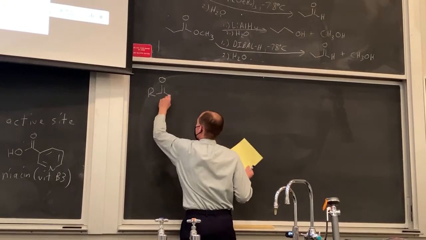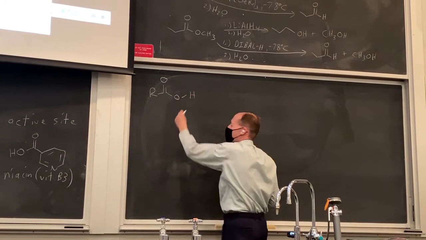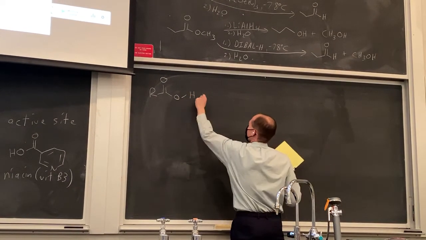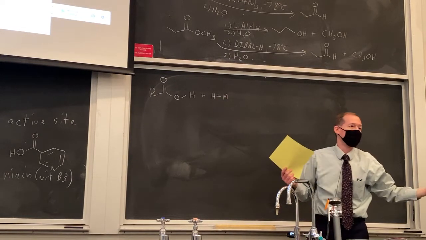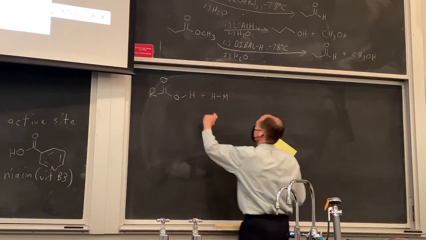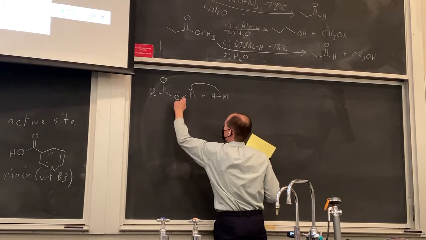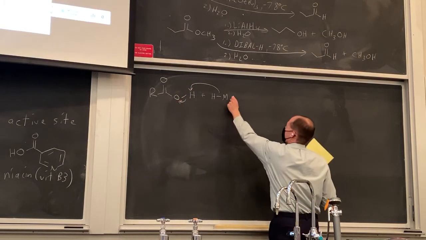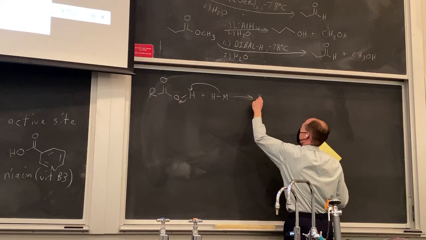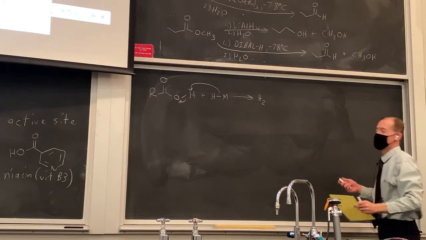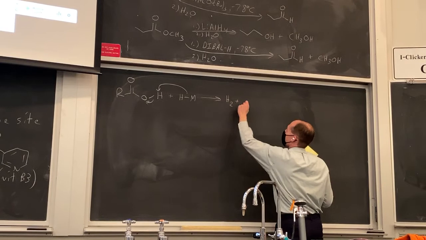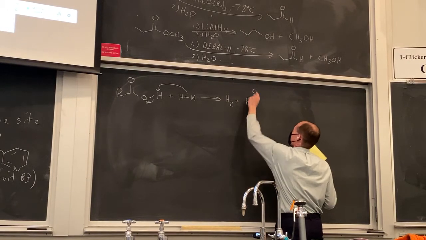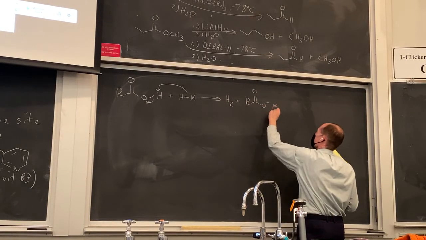We know that our carboxylic acid is acidic. So if we react that with anything that's got a metal hydride bond, we're going to deprotonate the carboxylic acid. We're going to form hydrogen gas, a very stable byproduct. And we're going to get a carboxylate salt.